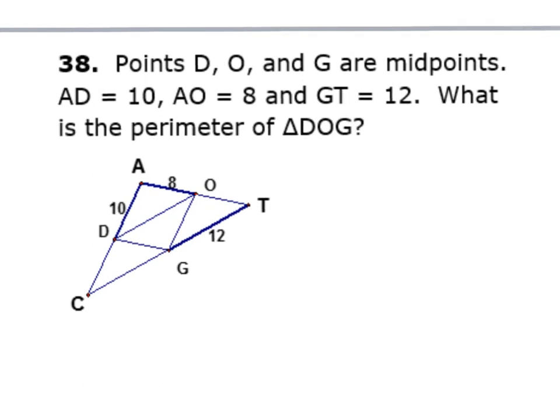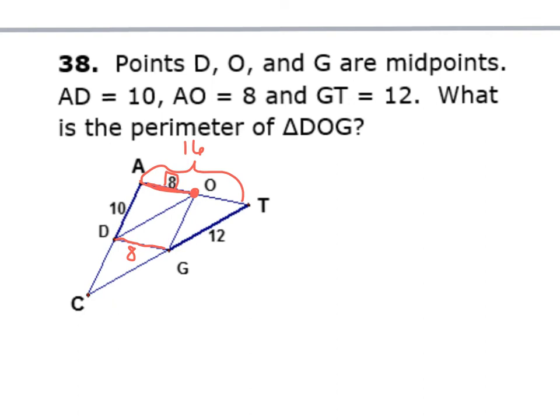So when I start, first I see that from A to O, that's 8. If that's a midpoint right here, that means this whole side is 16, and the median across from it is half of that, 8, which notice is the same number here because this is half of it as well.